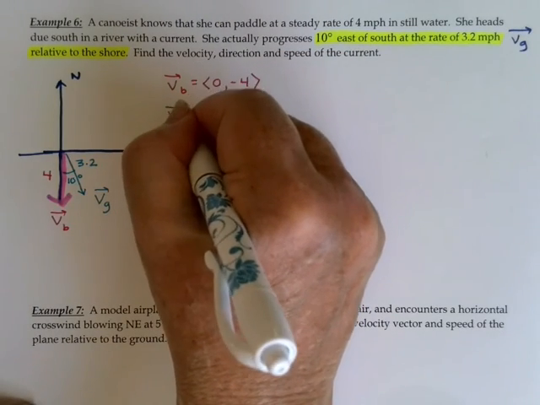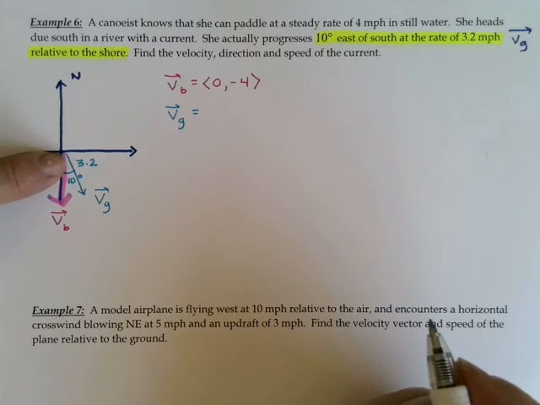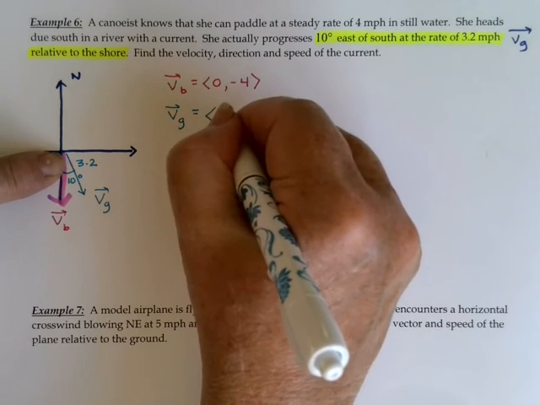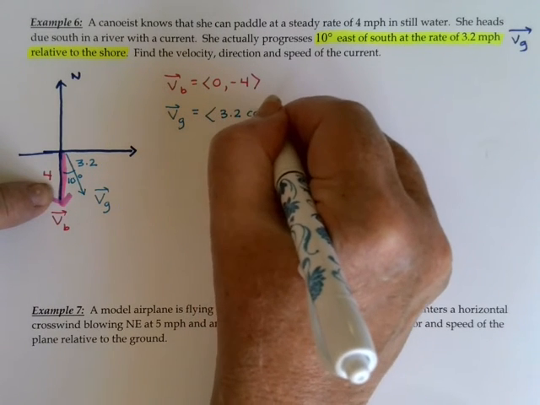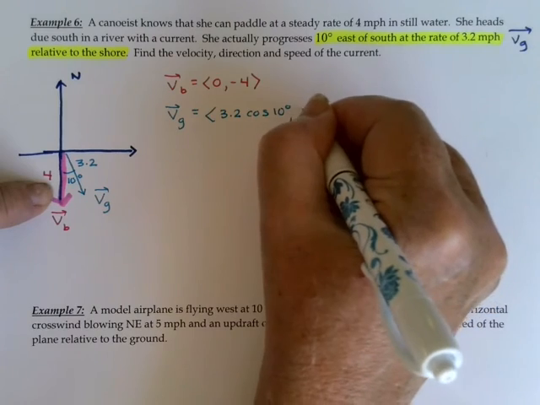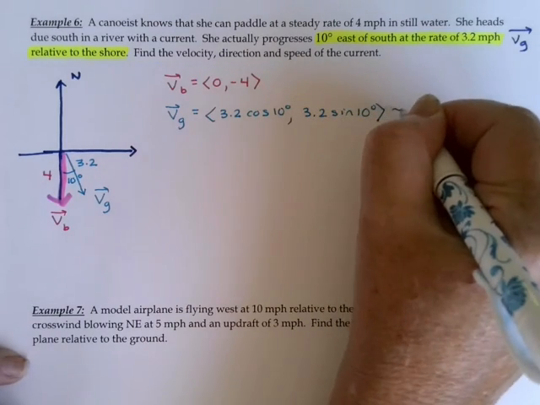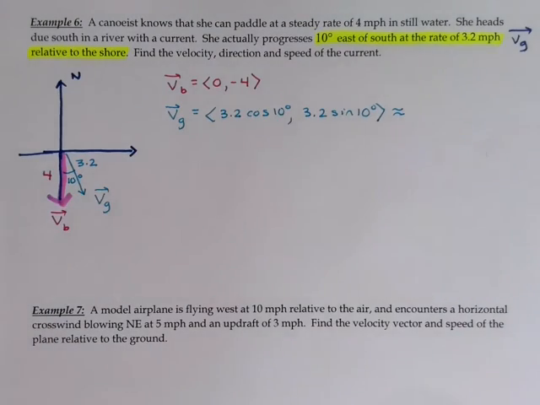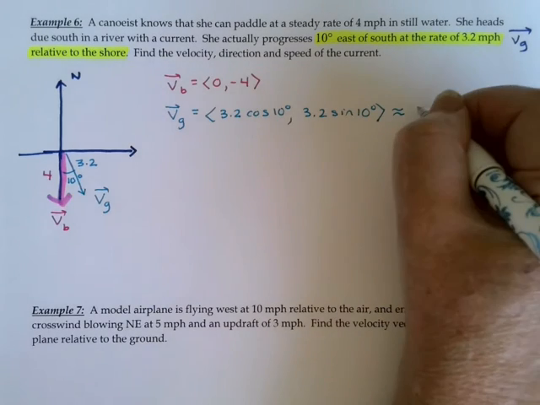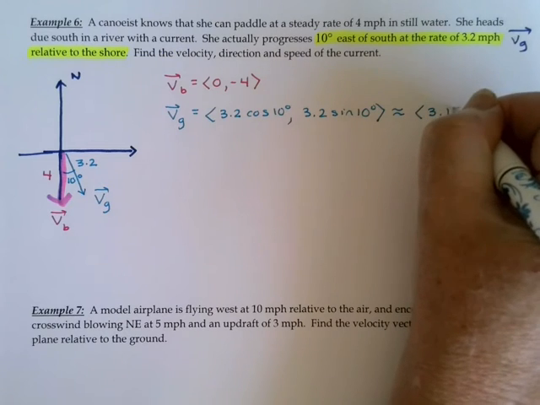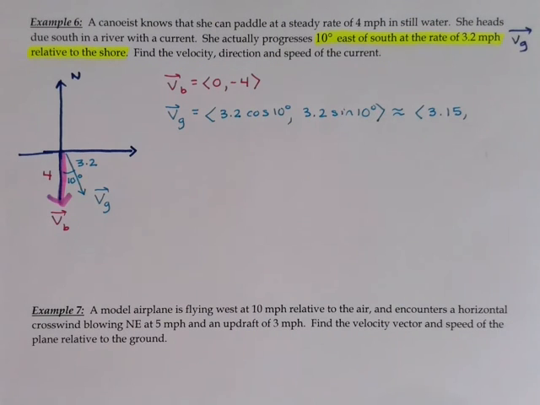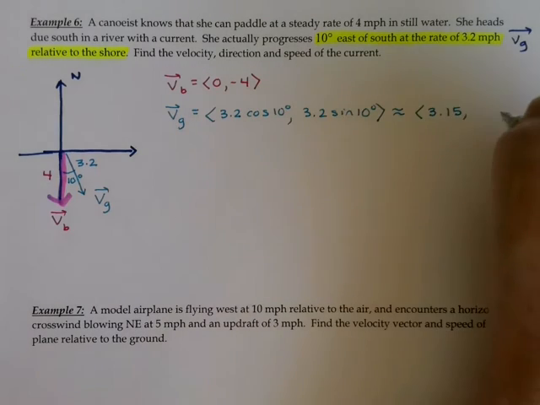And for VG, we'll go with magnitude 3.2 times the cosine of 10 degrees, and then 3.2 times the sine of 10 degrees. And I'm just going to get a decimal approximation for those right now. That's about 3.15 and about 0.56.